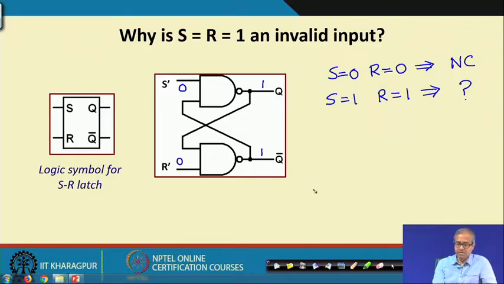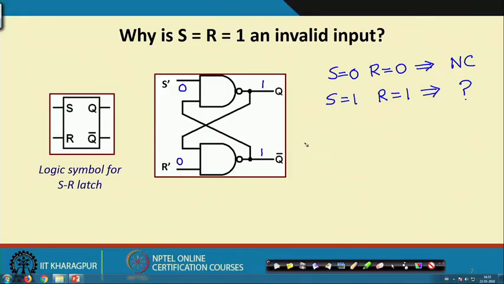Well, so you may argue, one way of arguing is, I am calling them Q and Q bar. Now, because both of them are 1 and 1, it is wrong, that is why this is invalid. Well, but I can argue in a different way. Suppose I have designed this circuit in such a way that only Q is available to you, Q bar is not available.